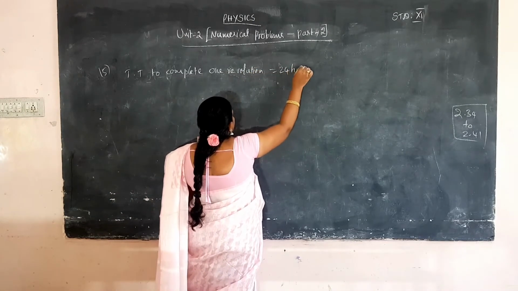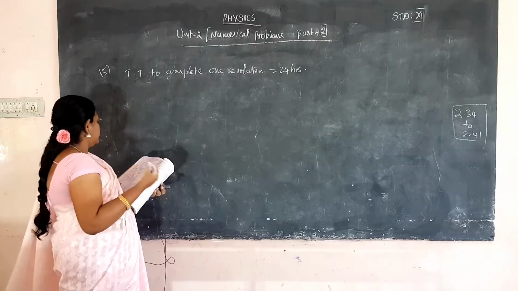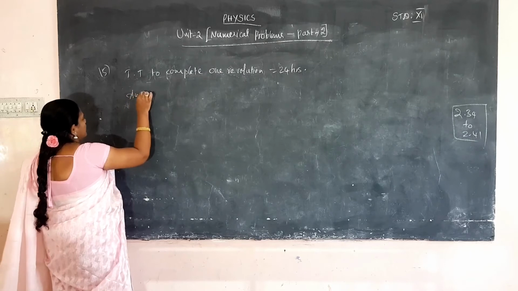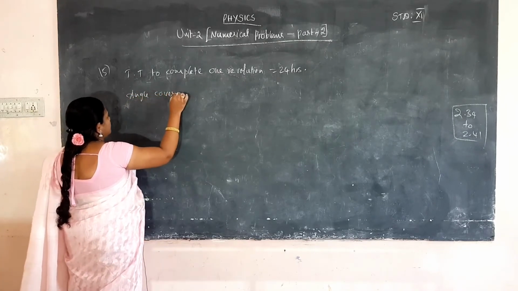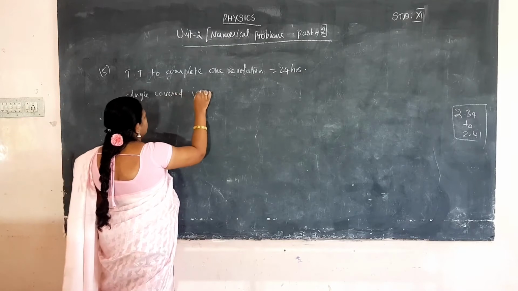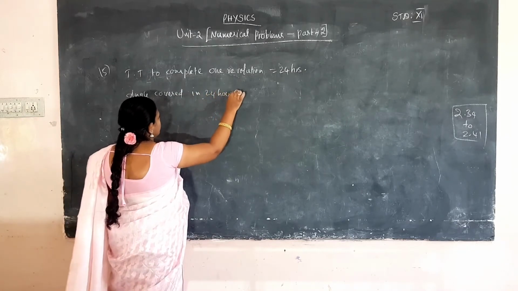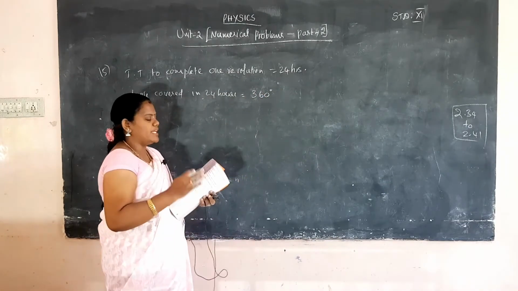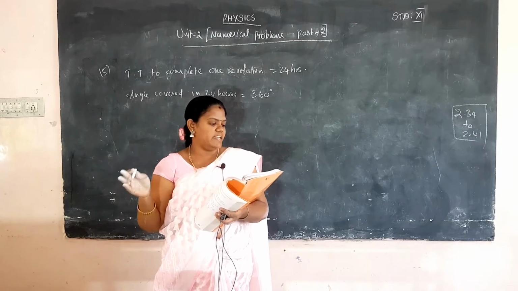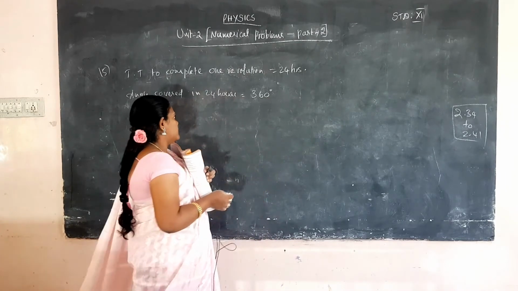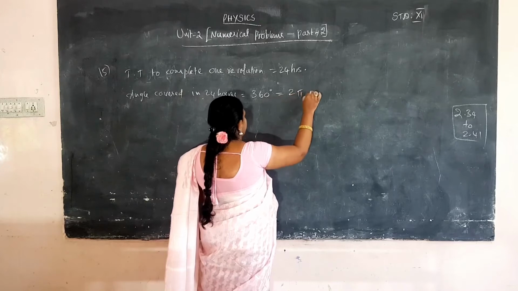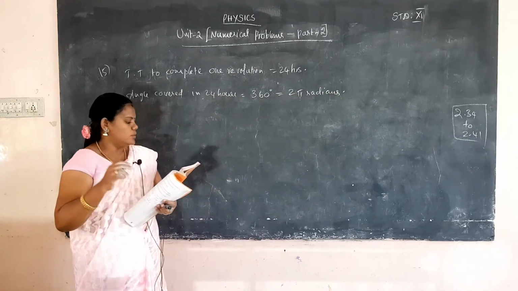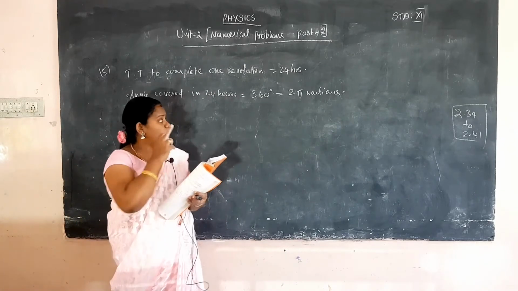The angle covered in 24 hours, or angular displacement, is equal to 360 degree, because one full rotation is 90, 180 and 360. So, 360 degree is equal to 2 pi radians. So for 24 hours, it is 2 pi radian.